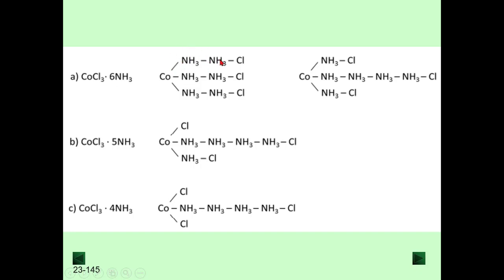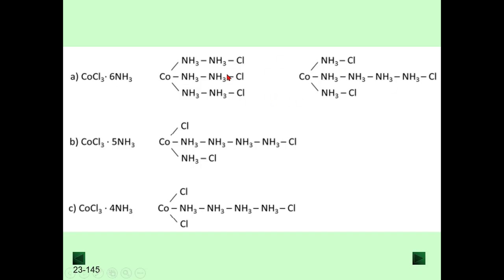So the total number of bonds, as they said, is 5. In all the structures, the nitrogen atom is bonded with 5 neighboring atoms.